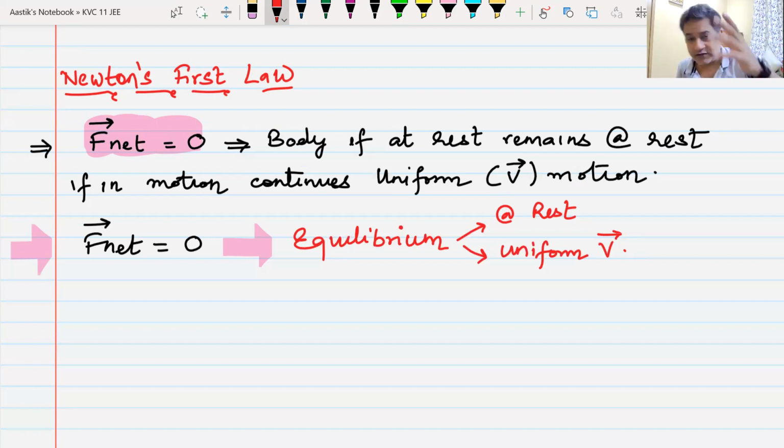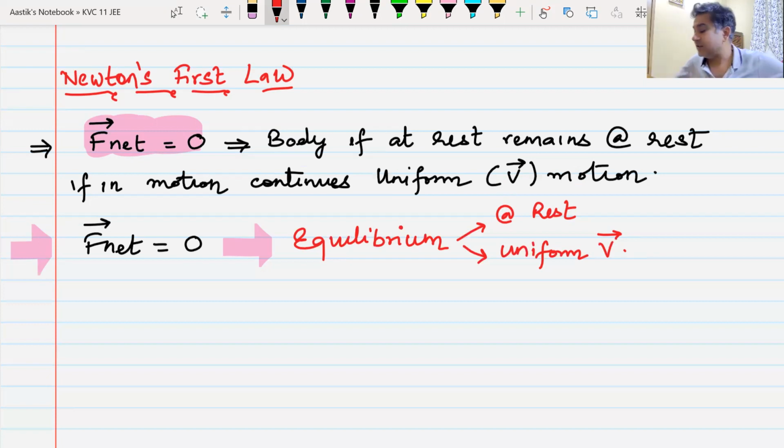Now, as we go further in our class, we'll understand that whatever motion we are studying now, we call it translational motion. Did I tell you that, yes or no? This motion is known as translational motion.